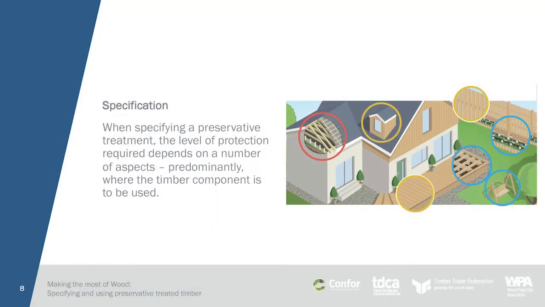When specifying a preservative treatment, the level of protection required depends on a number of aspects. Firstly, the timber species, its durability and ability to accept treatment. Secondly, where the timber component is to be used, for example, a fence post, cladding, etc. For how long the component needs to perform before it is either replaced or taken down.